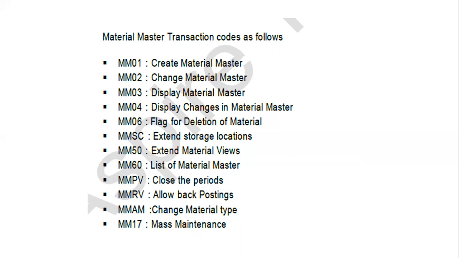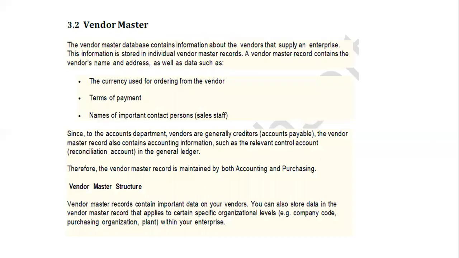If you want to change the material, then by using MM02 we can easily make changes in that material. For display, the MM03 T code is used. For the list of material master, we use MM60. For closing period, we use MMPV. For allowing back postings, we use MMRV. These are some T codes which are used in material master.